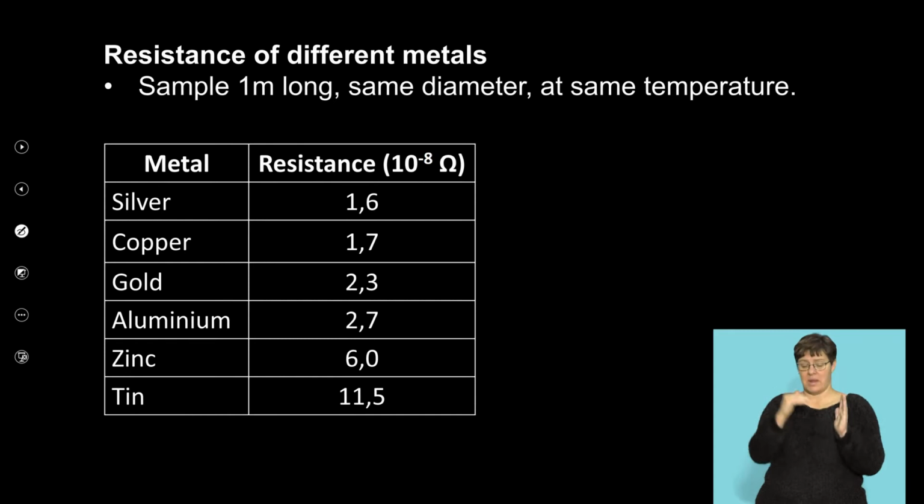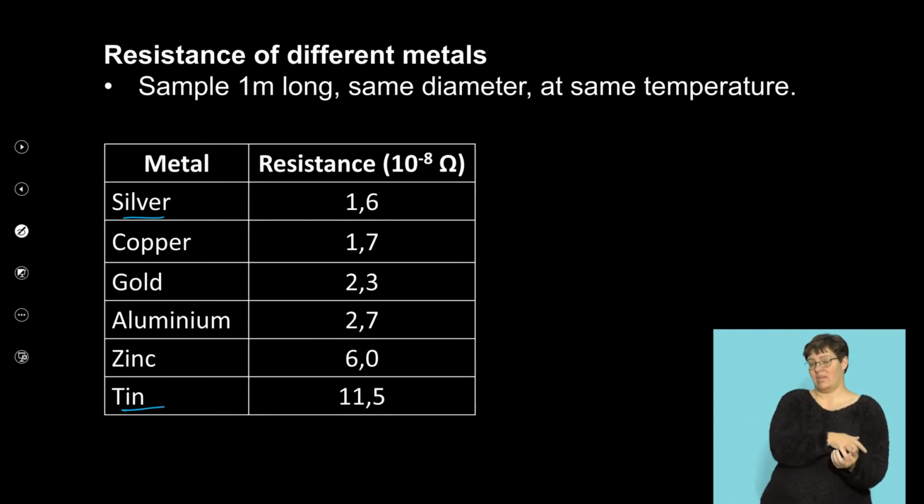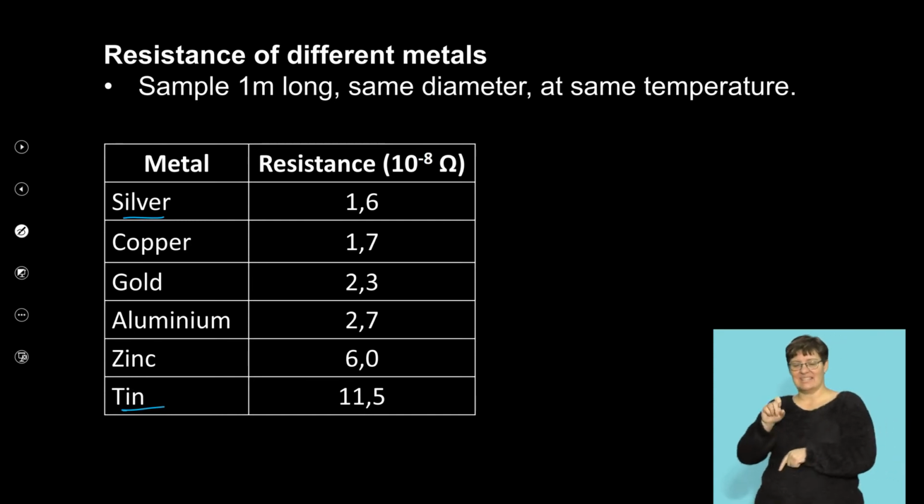Now we've got samples of 1 meter long, same diameter, same temperature. The resistance that each one offers is quite different. Let's say for argument's sake we compare silver and tin. The resistance of tin is most likely almost 10 times that of silver. So silver is a better conductor compared to tin, because it offers less resistance to the flow of charge.